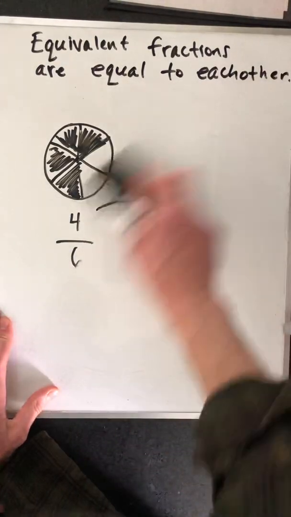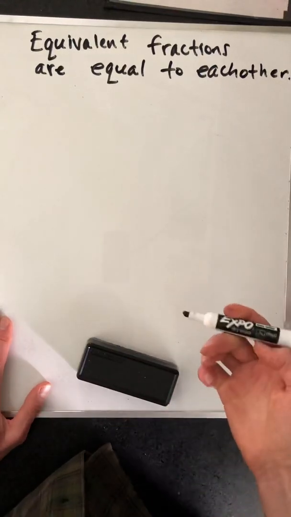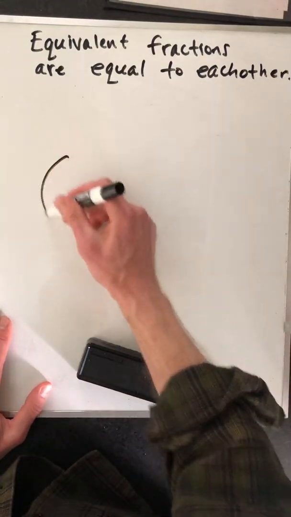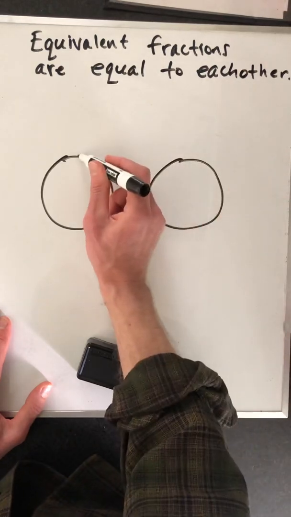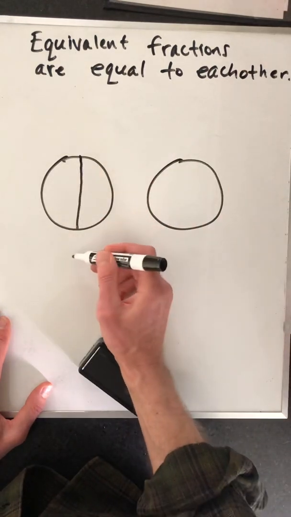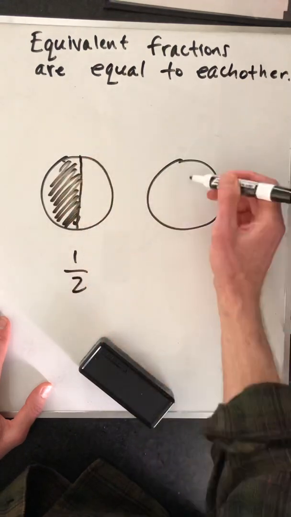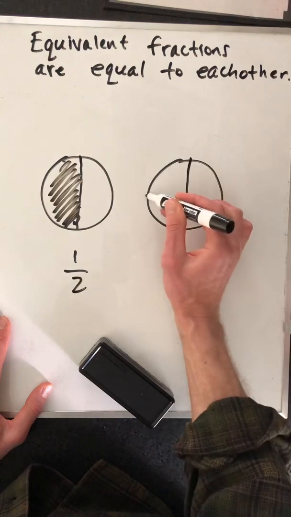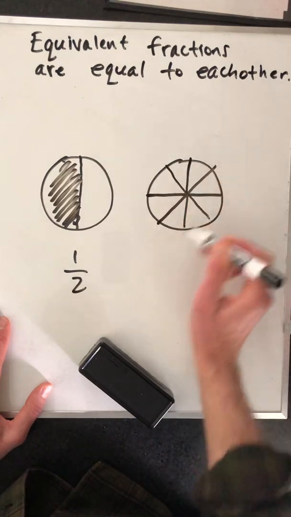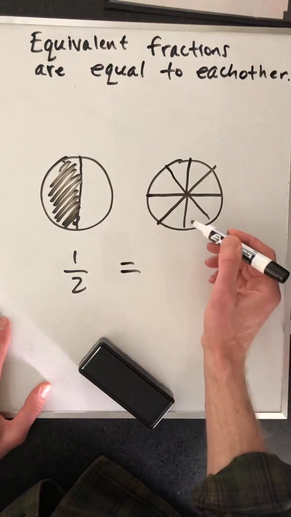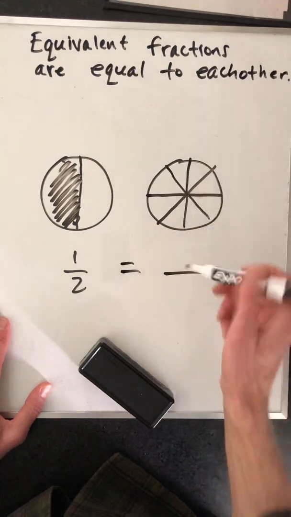I'll do one more just so you can see what I mean. I'm not sure if this is on the assignment, but let's say I have 1/2 equals, and I just cut that one into 8 parts. 1, 2, 3, 4, 5, 6, 7, 8.